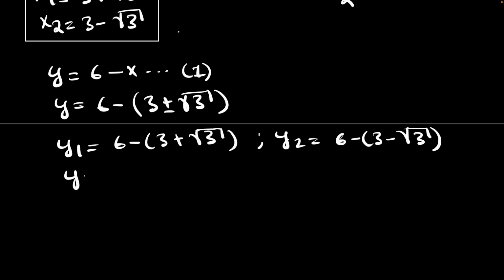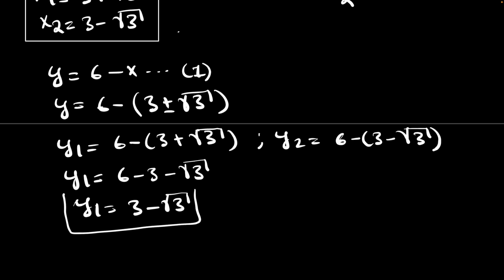Let's go and solve y1 first. 6 minus, we are going to multiply this minus inside the brackets, so we will have minus 3 minus the square root of 3, and y1 is equal to 6 minus 3, which is positive 3, minus the square root of 3.